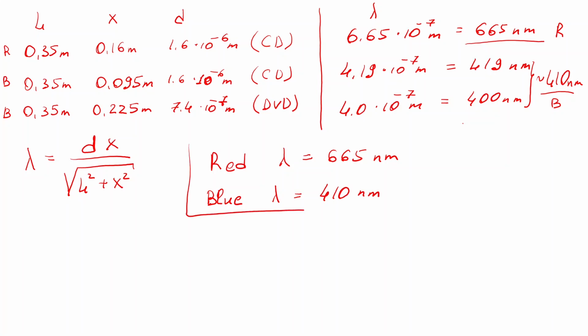So this is our finding based on a very simple and demonstrational experiment utilizing just CD and DVD discs as diffraction gratings and a regular ruler with a very simple experimental setup.